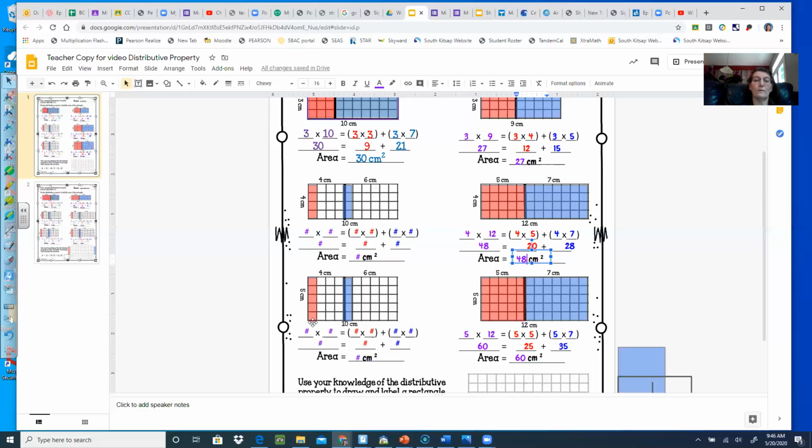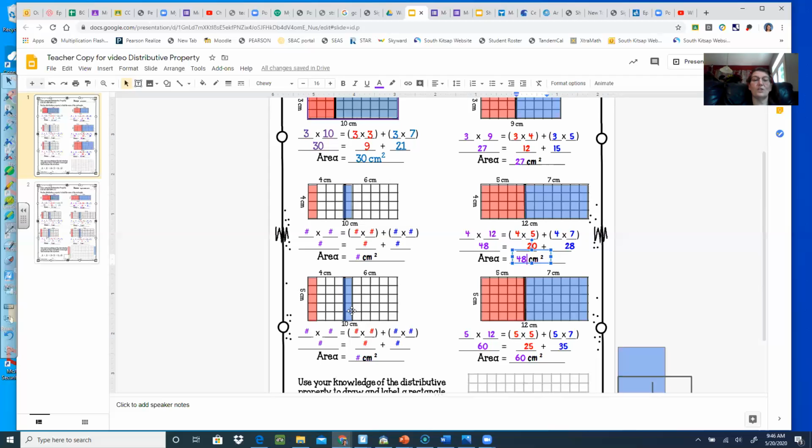Okay, now on this one, your original problem, 5 rows of 10. Now for your red spot, 5 rows of 4. Your next spot, 5 rows of 6.